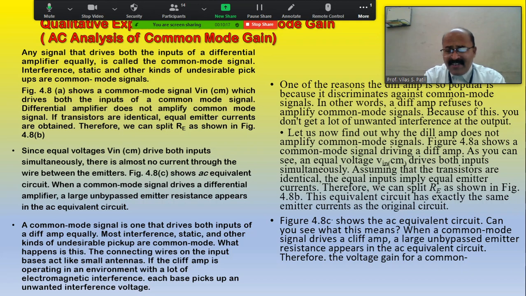The noise due to the transportation on the highway becomes interference, and due to that interference, signals are picked up by the bases of both transistors equally. Statics and other kinds of undesirable pickup are known as common mode signals.